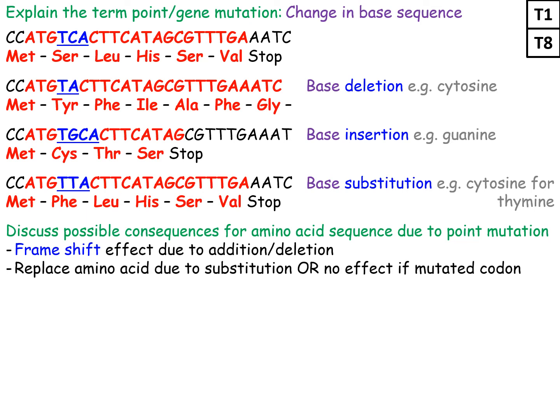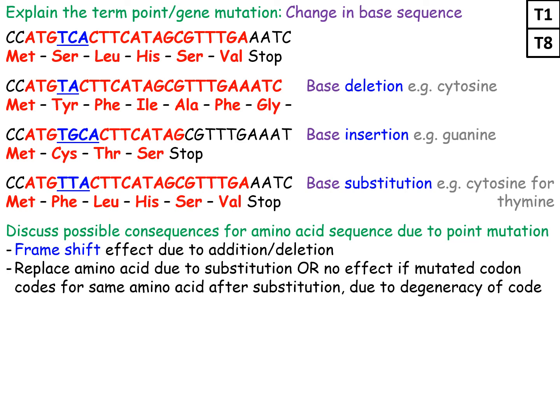However, for base substitution, here an amino acid can be replaced by another amino acid, or sometimes there is no effect, because the substitution in the codon causes a codon that codes for the same amino acid.